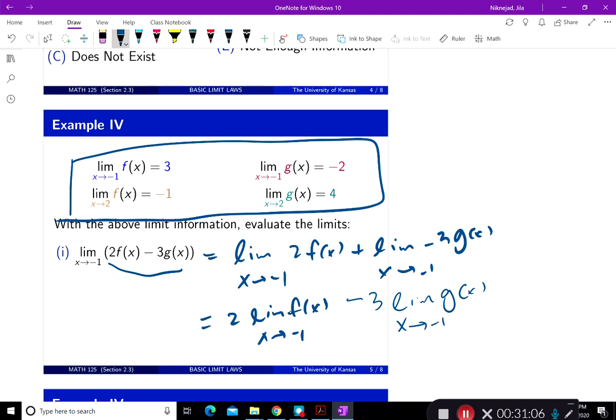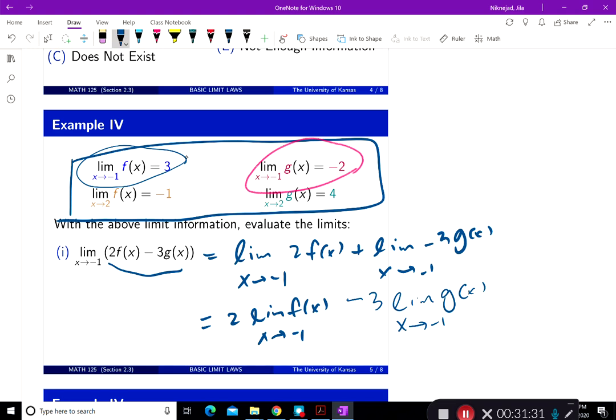And now at this point, I can go back and find information. I see that the limit of g of x as x approaches -1, which is one of the limits that I need, is right here. Also, I see the limit of f of x as x approaches -1 is right there.